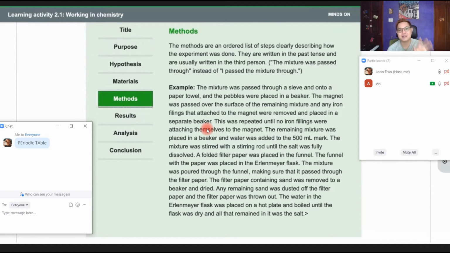So that's why we use the passive form, past tense, like the mixture was passed through something, instead of I passed the mixture through something.